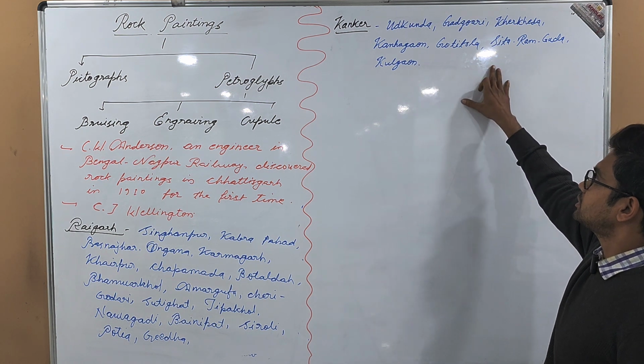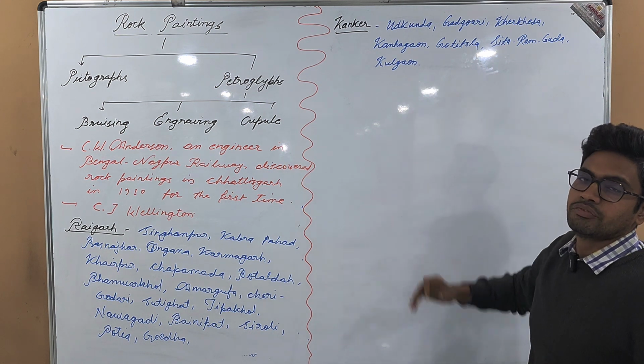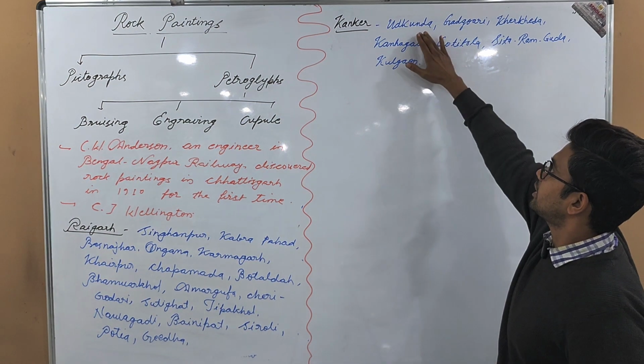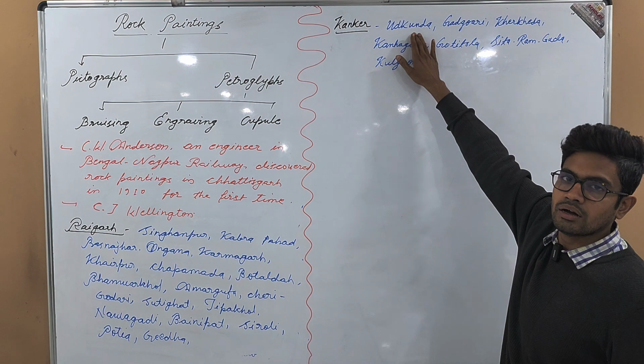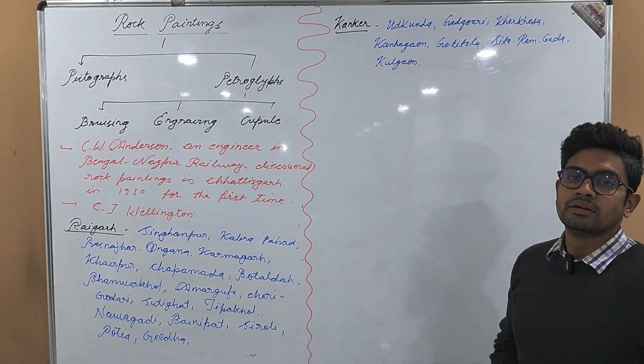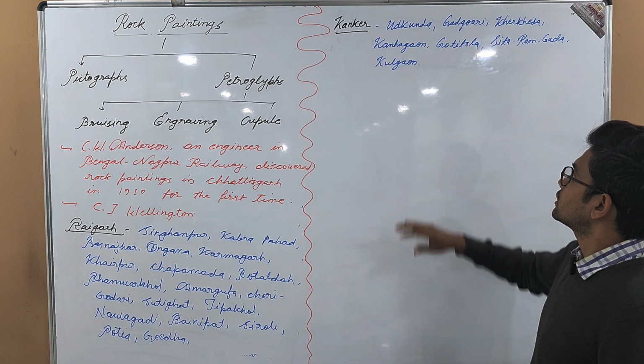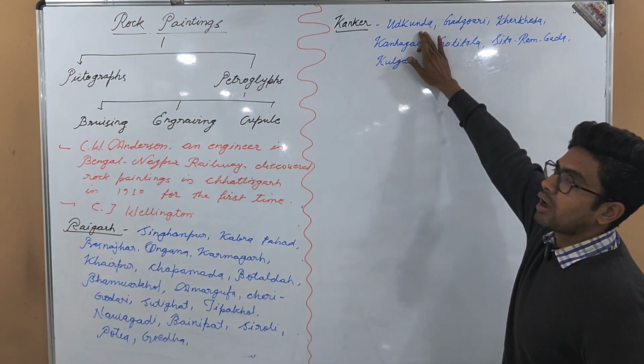Now these are the main places. Apart from that, if you go in detail, you will find that there are other prominent and peculiar places inside each one of them. For example, in Udkunda you get to see Devta Ki Kachhari, Adai Pahad.